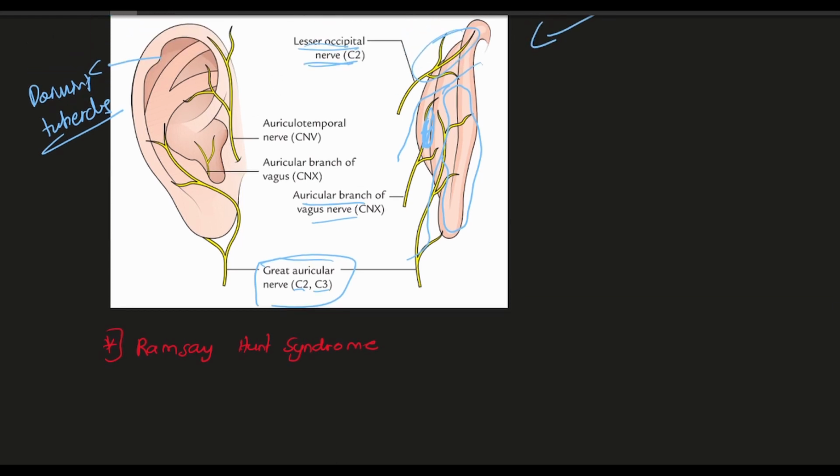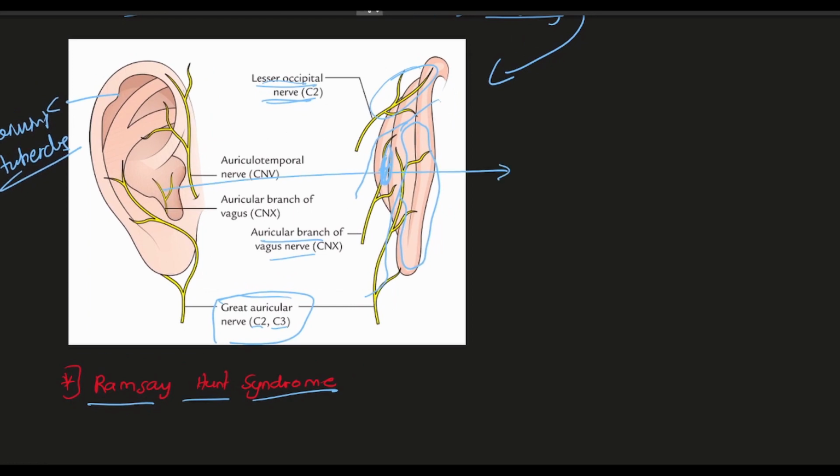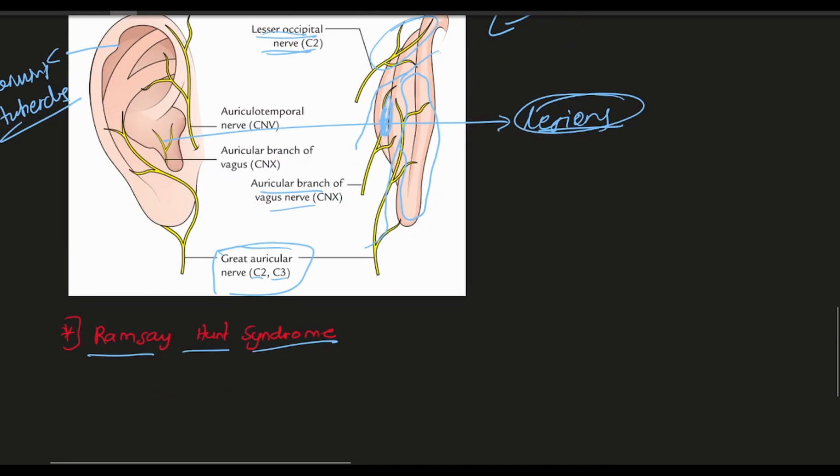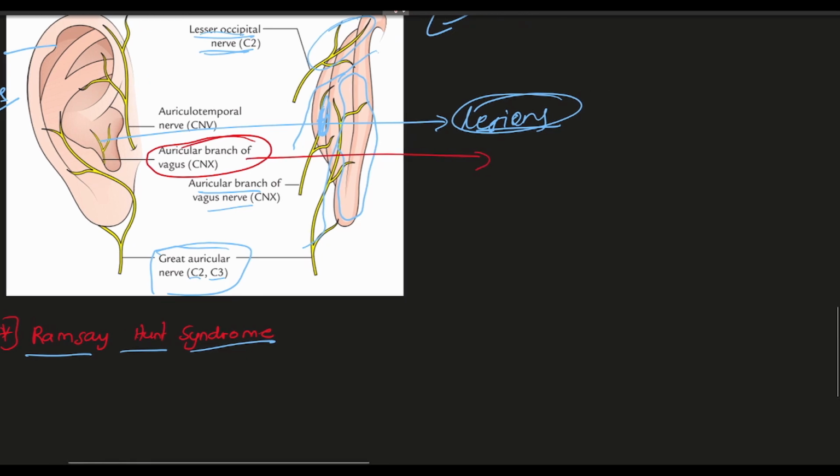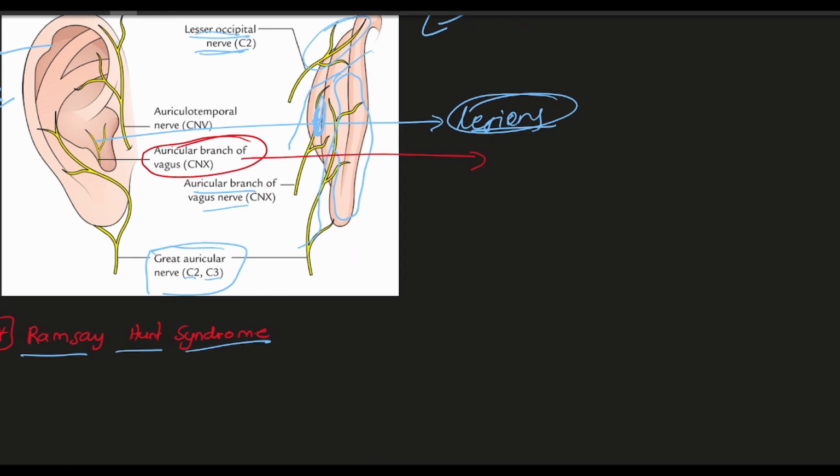One clinical note, the Ramsay Hunt syndrome. You can see different types of lesions over this conchal region because of the auricular branch of the vagus nerve, which contains a supply from the facial nerve from the geniculate ganglion.